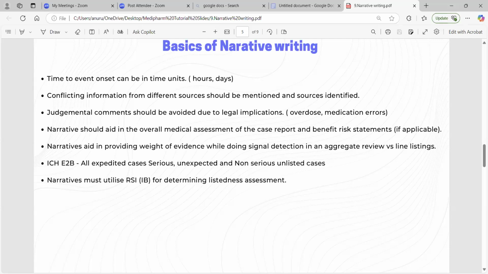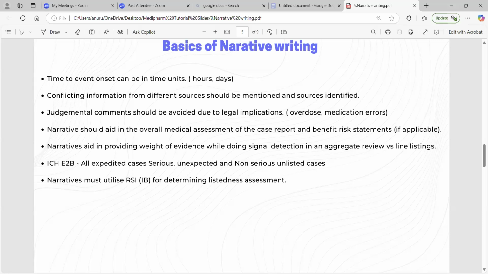Like that, you can mention the latency in the narrative. When it goes beyond hours, you can calculate the days, and beyond days, you can calculate months, years, or things like that. And then you put that in the narrative section.